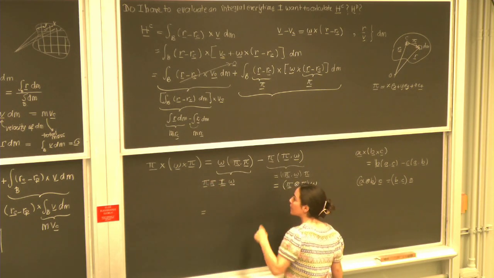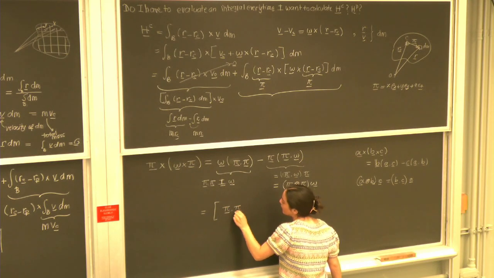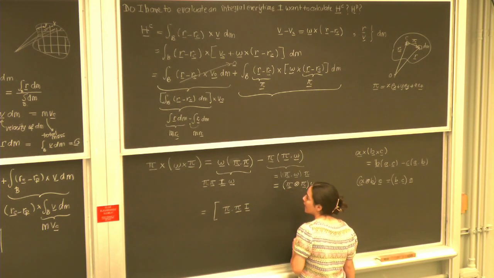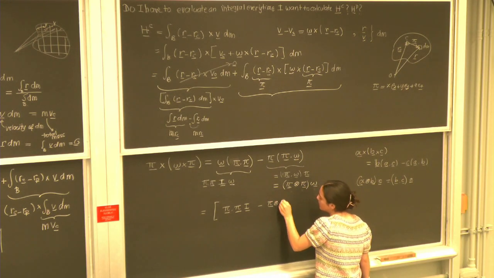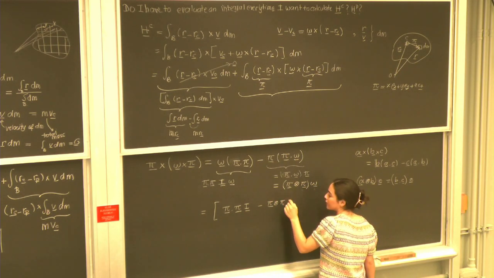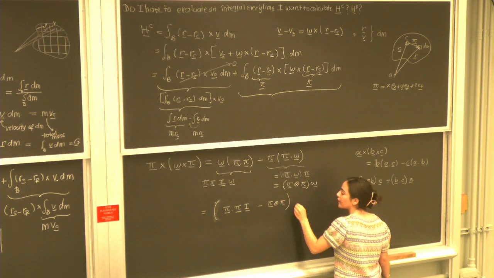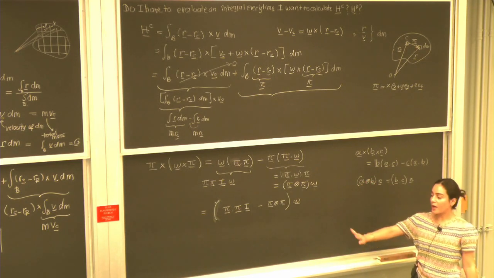So then I will write that as pi dot pi times the identity minus pi tensor pi, all multiplied by omega, right? And I can do this applied to omega.